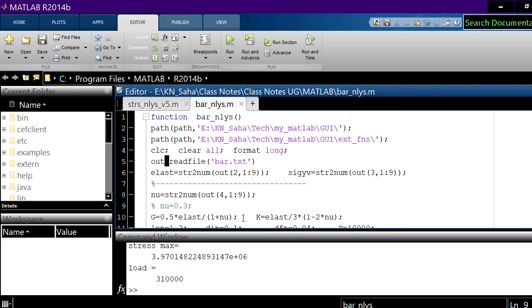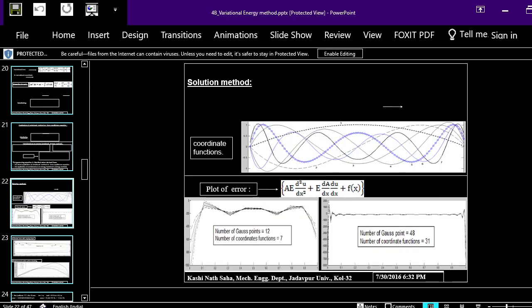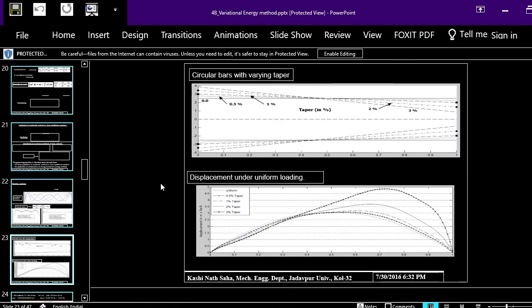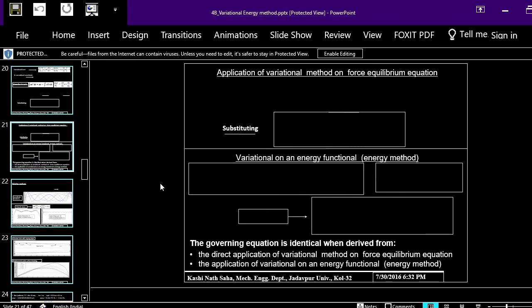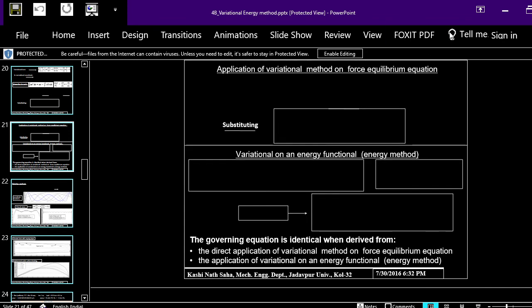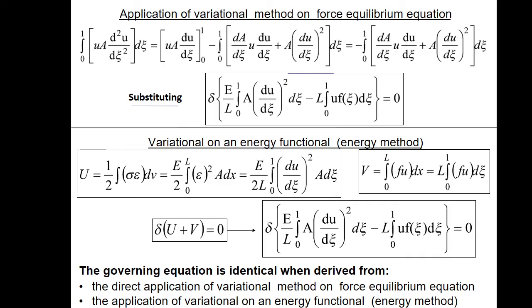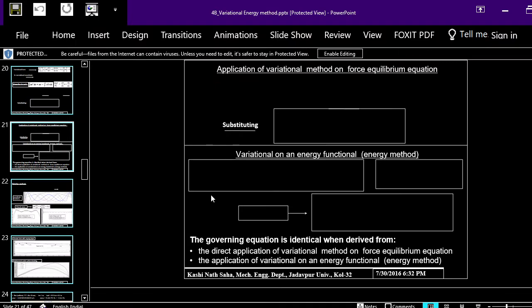Then some g value and k value, is it coming from here? Whatever g value, new value, they are not required actually.